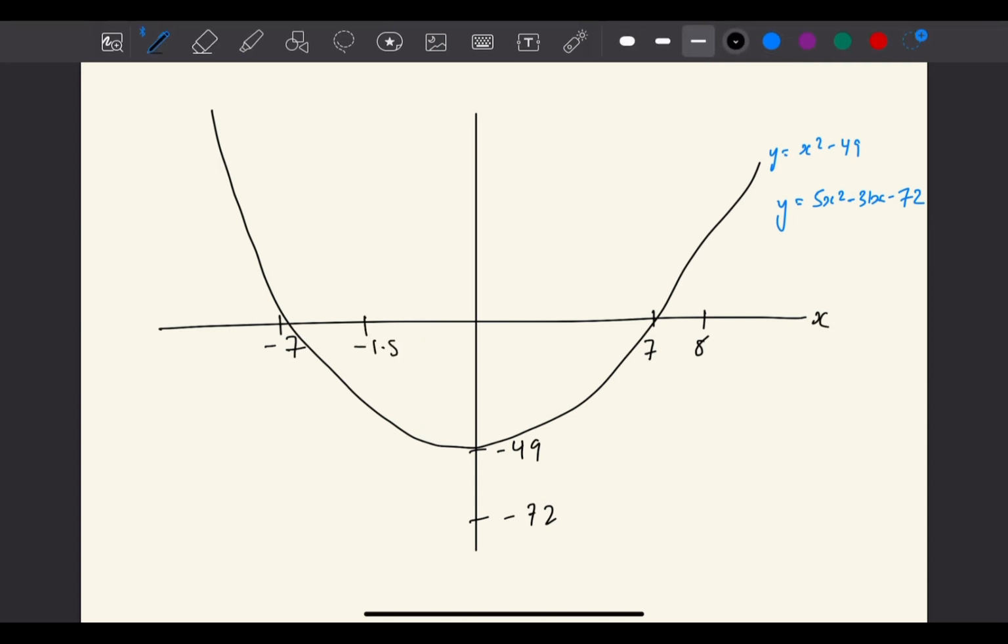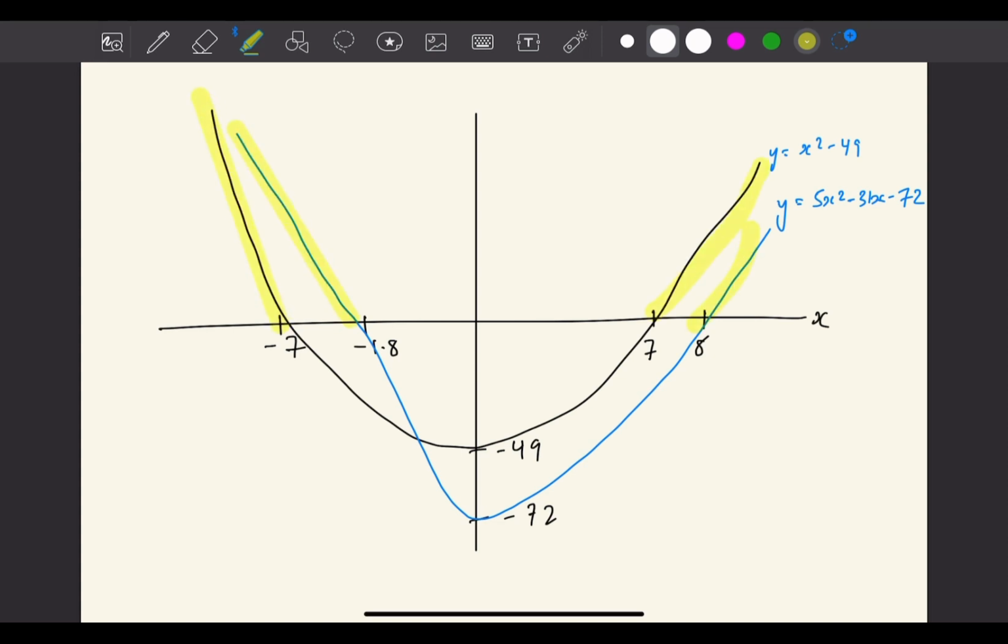Let's put minus 1.8 here just for clarity. The points at which it's greater than 0 is here, here, here, and here. But the points at which they're both greater than 0 for the same values of x is basically here.